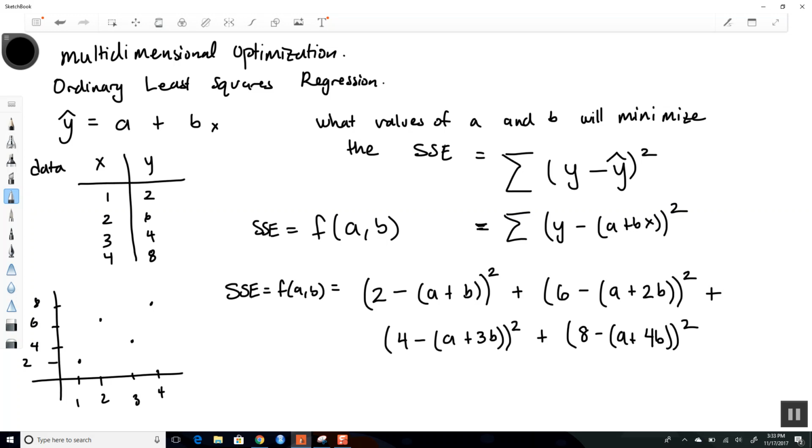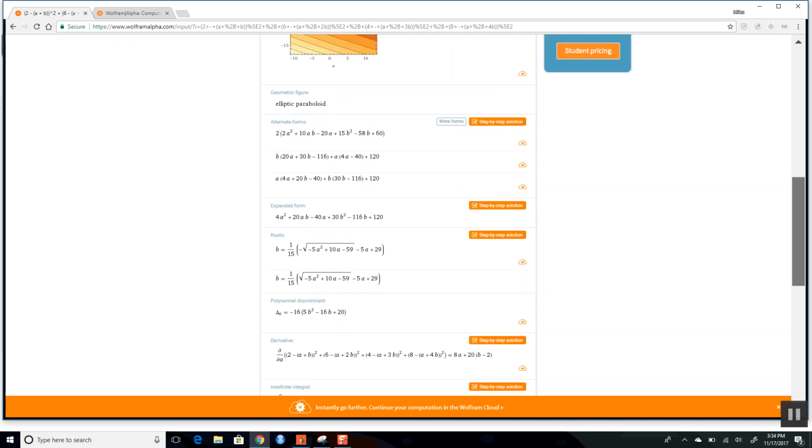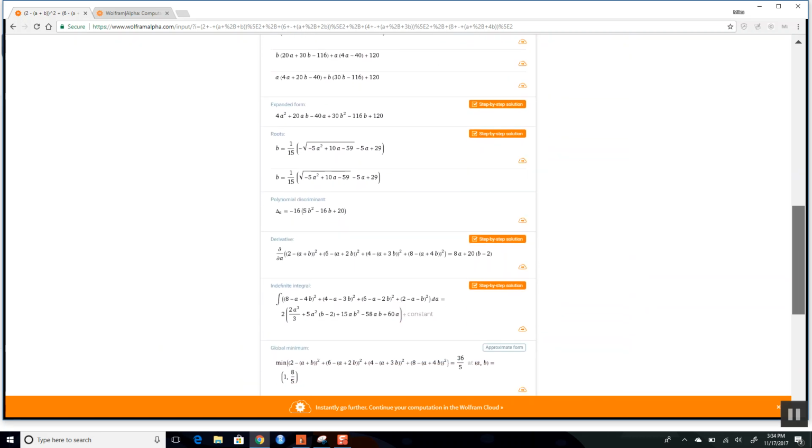Okay, so here we've got this. Is this okay, the way I've defined this? And then I went ahead and went to Wolfram Alpha, and I said, can you simplify this for me, please? So I typed this in, 2 minus (a plus b) plus 6 minus (a plus 2b), and so forth. And then I said, solve it, and here it is in expanded form. This is a tiny bit easier.